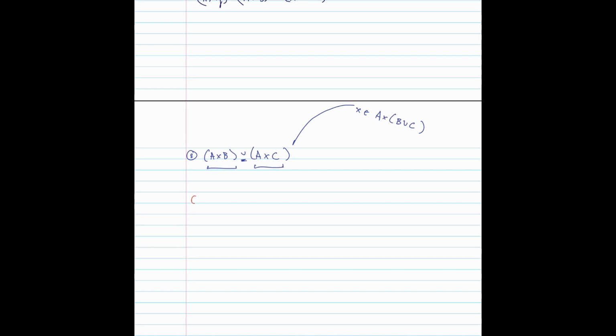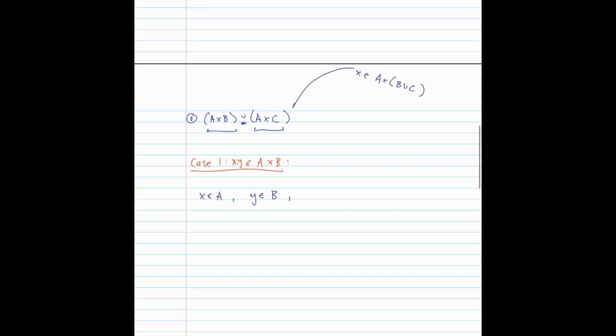So case 1 would be X is an element of A times B. If X is an element of A times B, we'll say XY. This means that X is an element of A and Y is an element of B.